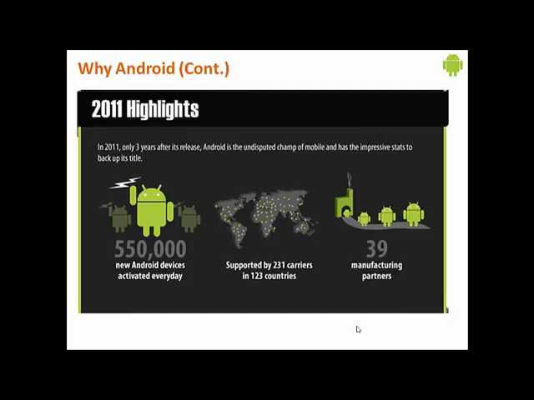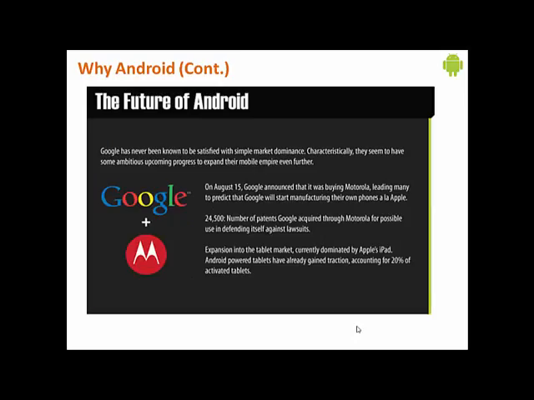In 2011, they got some 550 new Android devices activated every day, and it supports 231 carriers around 123 countries and 39 manufacturing partners that include HTC, Samsung, Sony, etc. And Moto. Google has joined together with Moto, and they got 24,500 patents which Google acquired through Motorola, for defending itself against lawsuits.